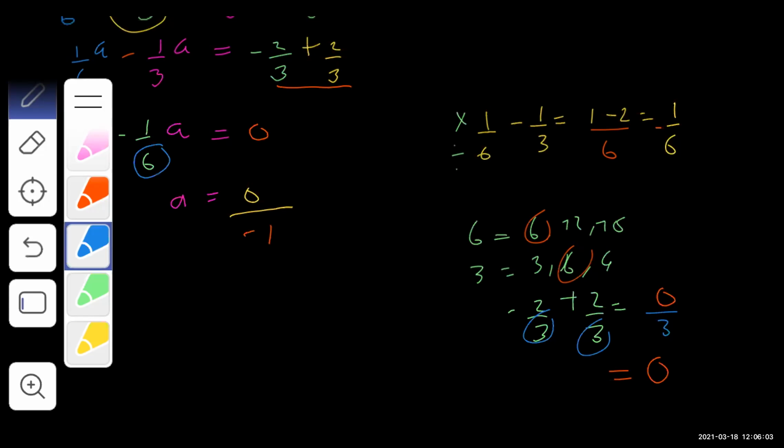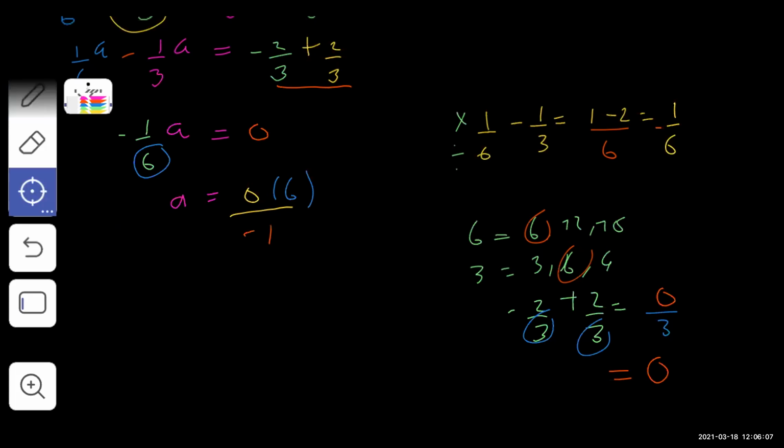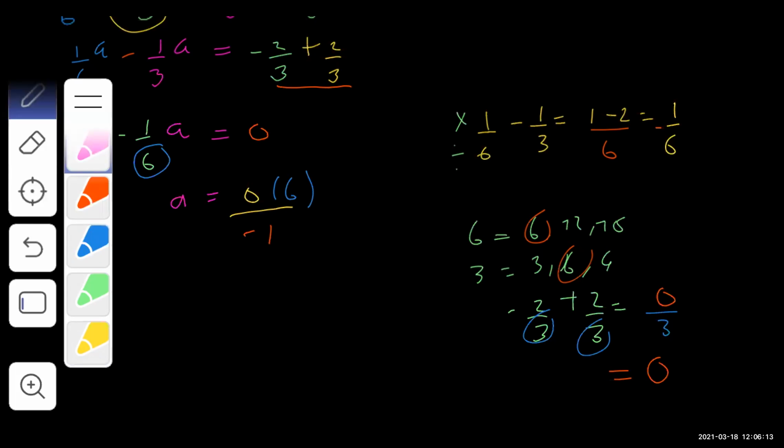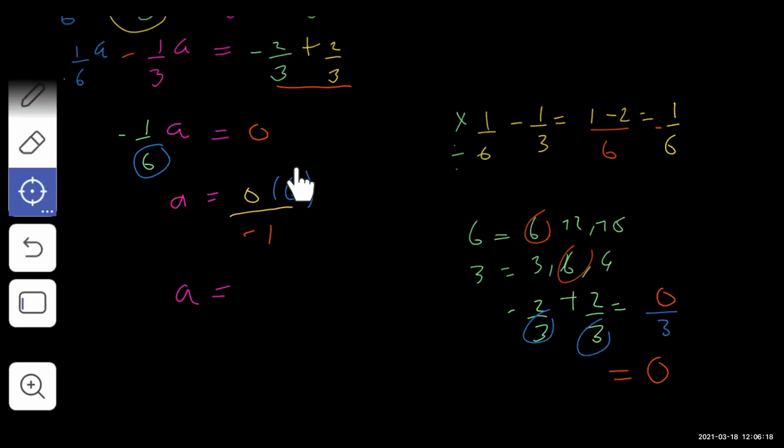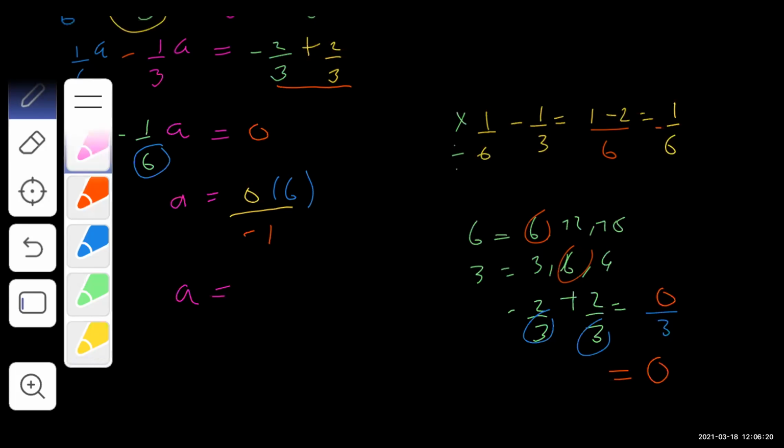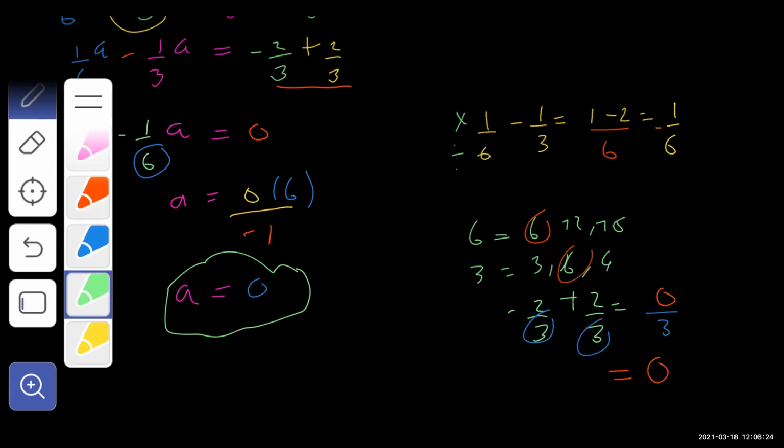What's the 6 going to be doing on the other side? Multiplying. But guys, 6 times 0, or 0 times 6, divided by negative 1, all of that is what? Zero. Because 0 times 6 is 0 and 0 divided by negative 1 is 0. Okay, then the answer is 0. And this is our solution.